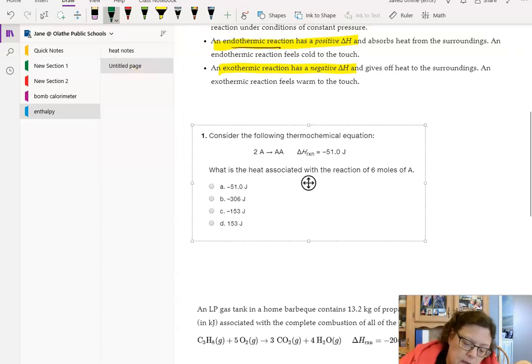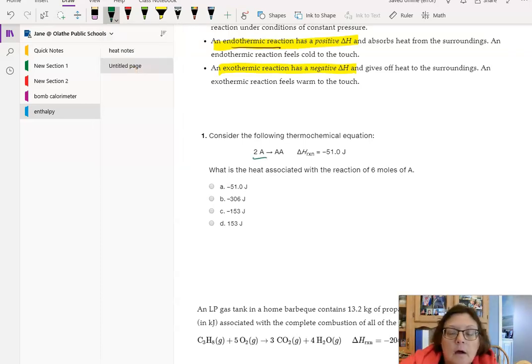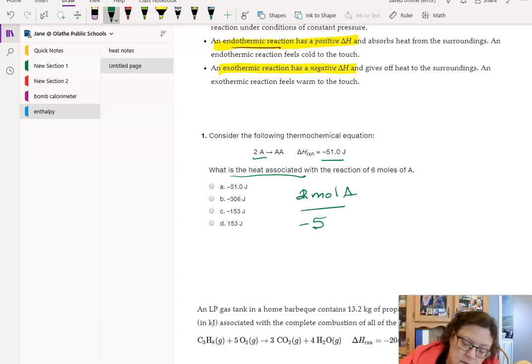All right. If we have 2 of reactant A, it's going to produce product A. And that's going to release 51 joules of energy. It says, what is the heat associated with the reaction of 6 moles? Well, we know 2 moles of A gives us negative 51 joules.